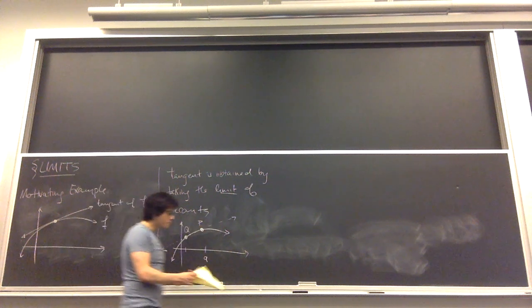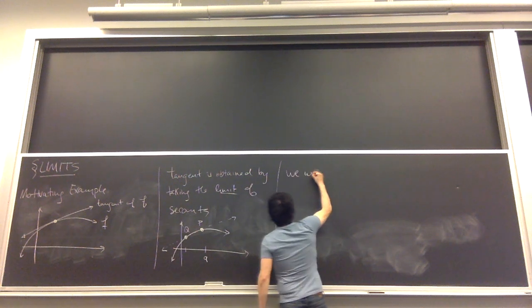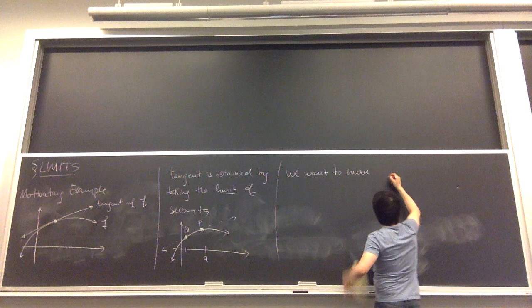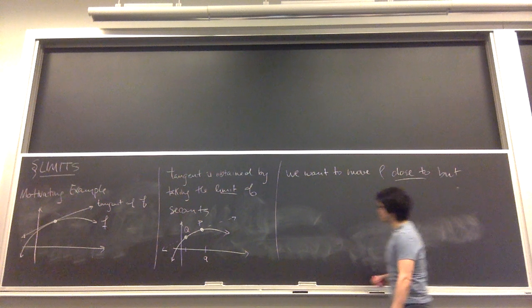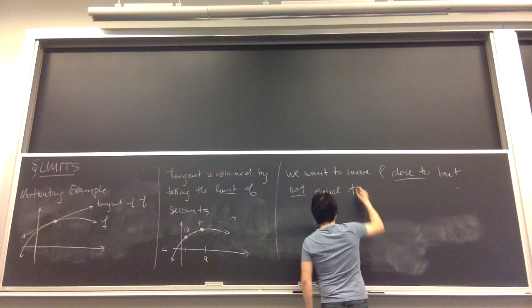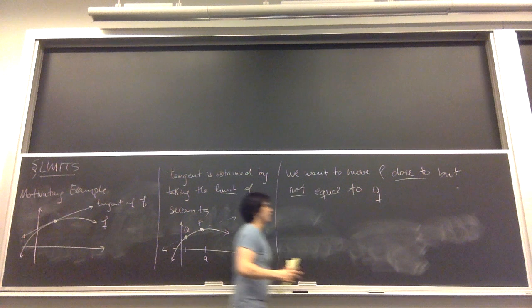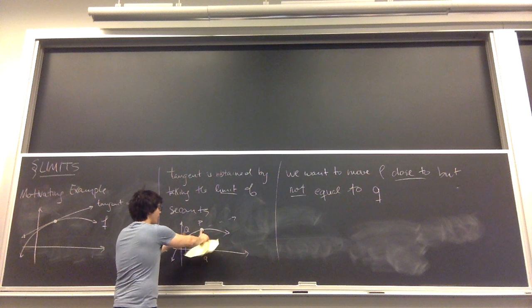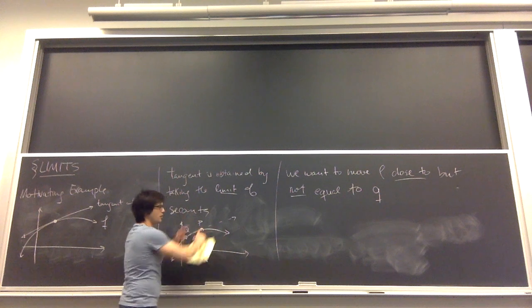So we want to move P close to, but not equal to Q. Okay? So this is the geometry of it. I want to put a point here, I want to put a point here, I want to run a line through those 2 points, and just keep calculating those lines as I move this Q closer to this P.